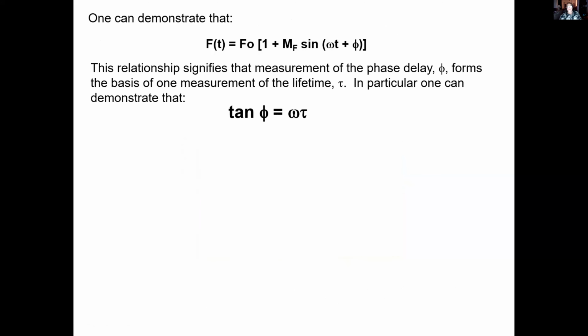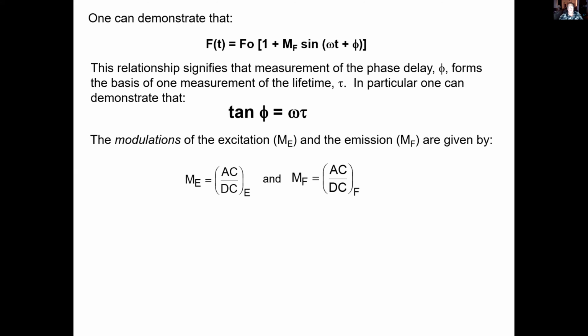It was shown in 1936 by Dushinsky that in this type of excitation, the tangent of the phase angle, the phase shift, is equal to omega tau. Now, the modulations of the excitation and emission are given by these expressions, just the AC to DC ratio of the excitation and the AC to DC ratio of the emission.